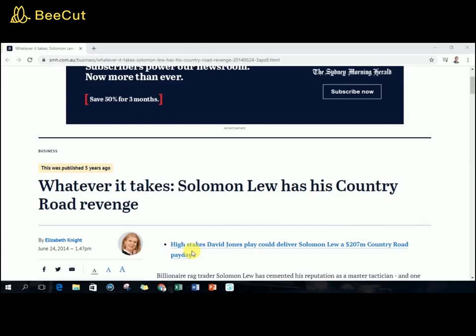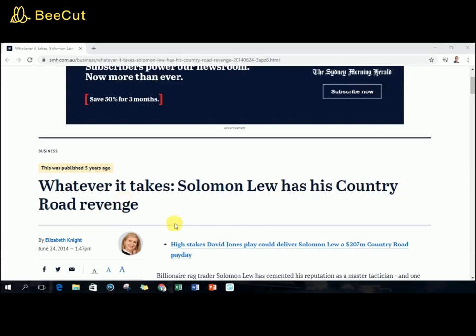So what we had over here, we had Woolworths entering into an acquisition, purchasing David Jones. However, because of the Competition Commission, the company Woolworths had 88% in Country Road. In order for the Competition Commission to approve the acquisition of David Jones, they needed to acquire the additional 12% in Country Road, which was owned by Solomon Lew.